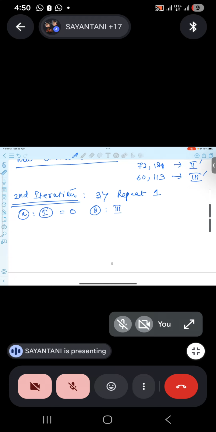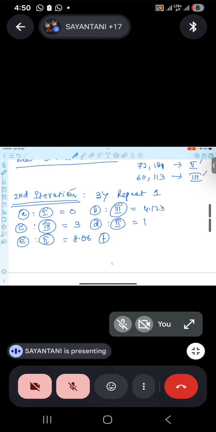B will be closer to 3, having a value of 4.123. C is closer to 3, having a value 3. D is closer to 2, having value 1. E is closer to 2, having this value. And F is closer to 2, having value 8.06. These are the minimum values.